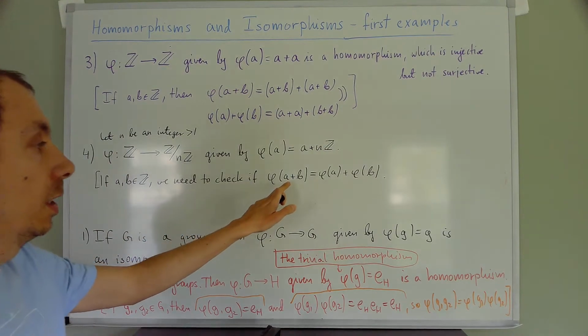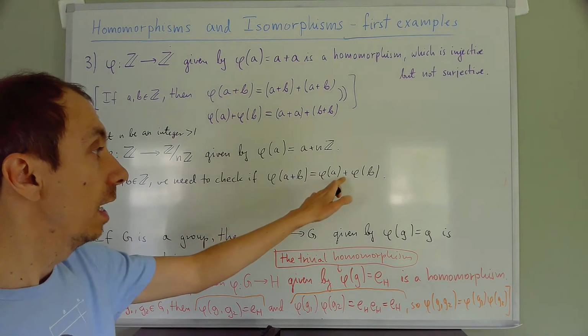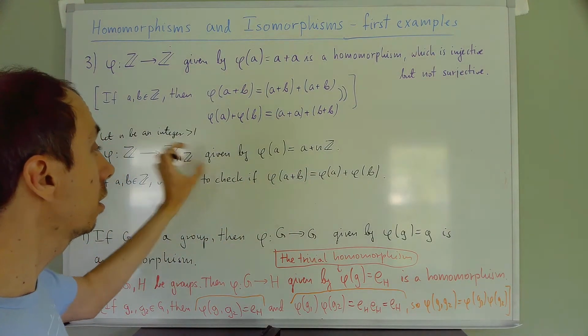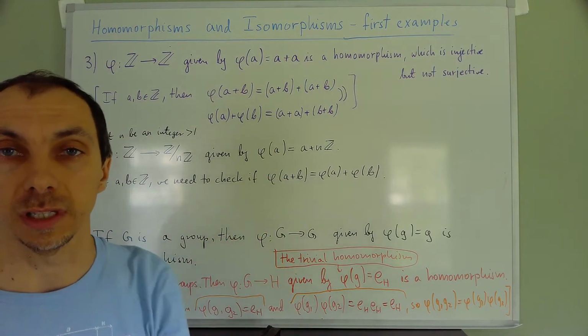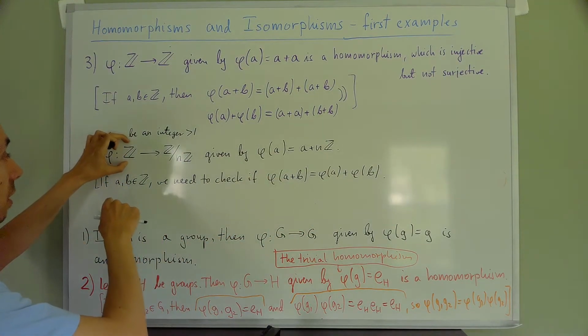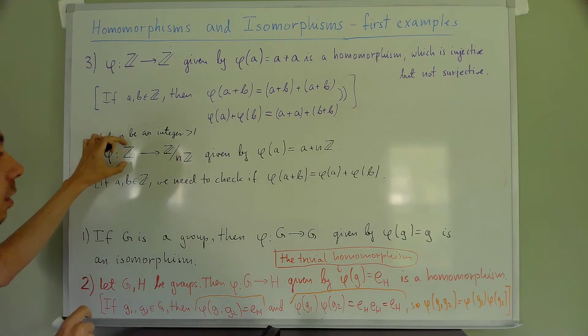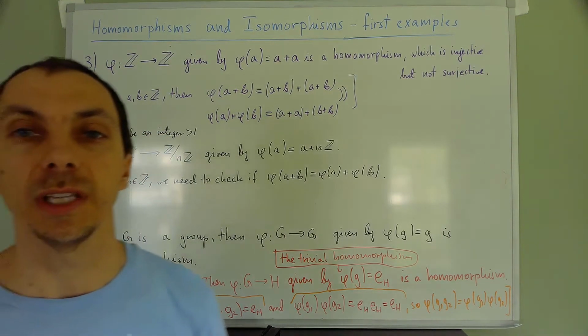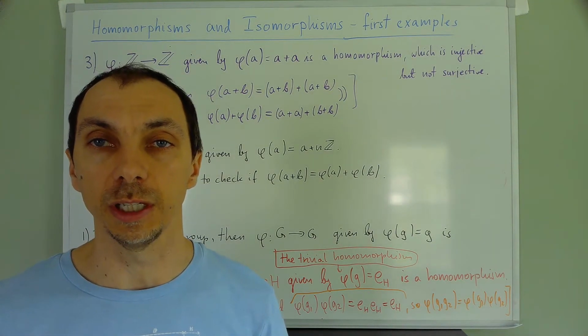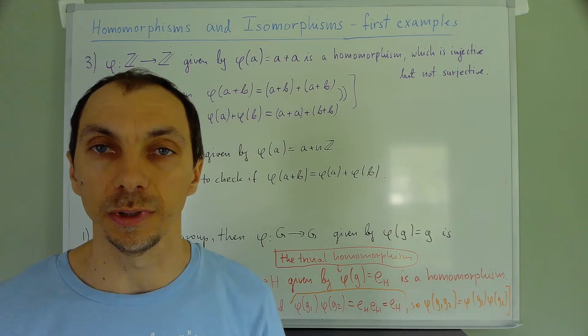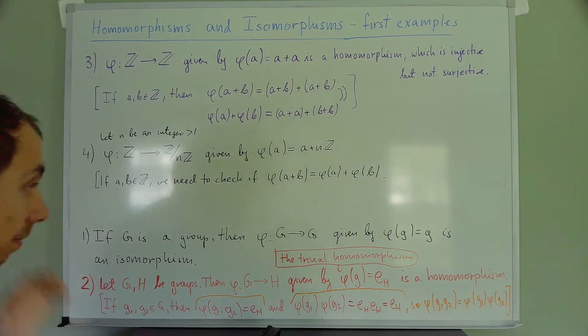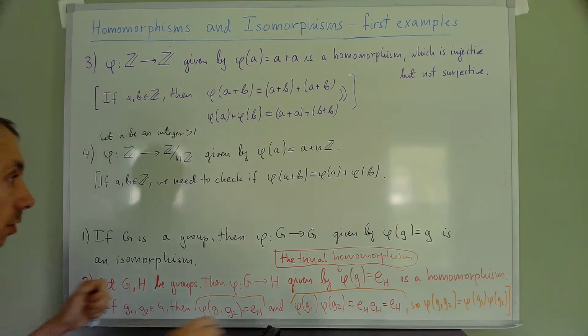Note this addition is in the integers, and this addition is the addition of congruence classes. Again, when I just write Z as a group, I mean Z with addition. And when I write Z mod nZ as a group, I just mean it as a group with addition of congruence classes.